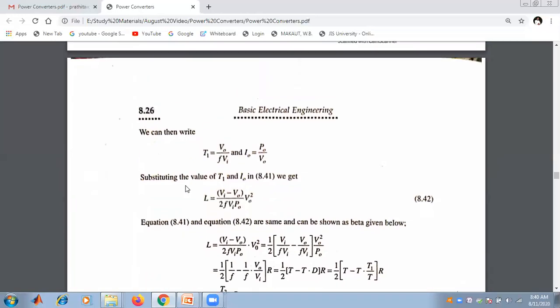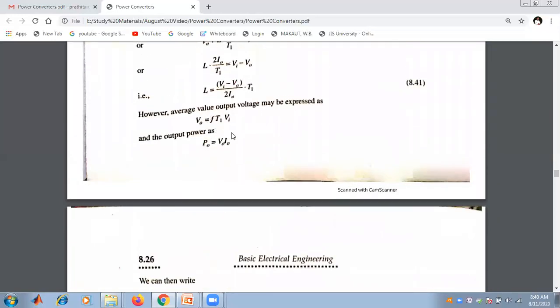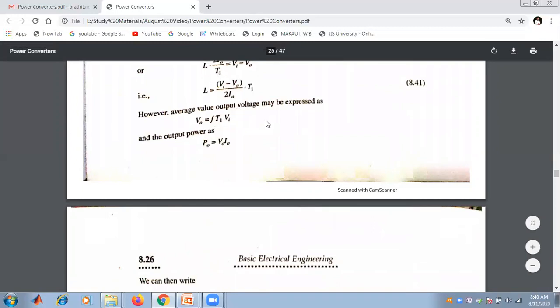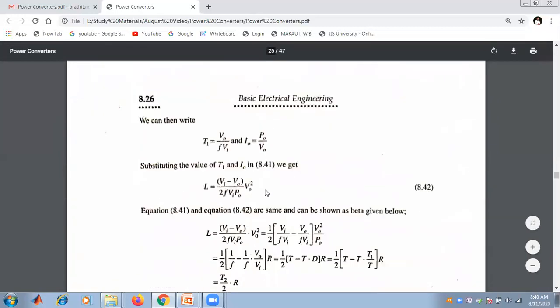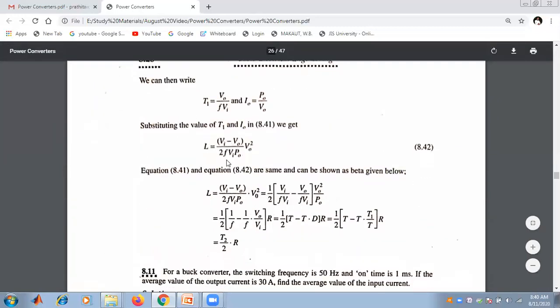From those two equations, with a mathematical calculation, we will find the value of inductor L equal to T2 by 2R.